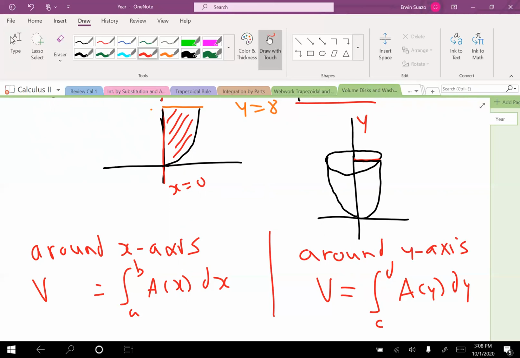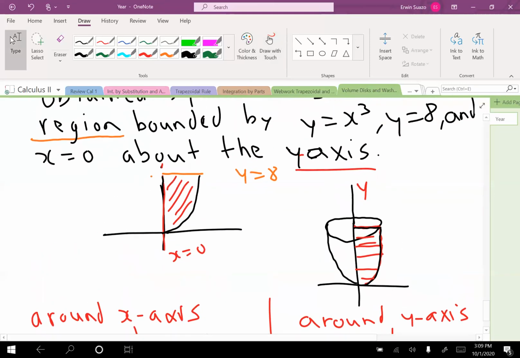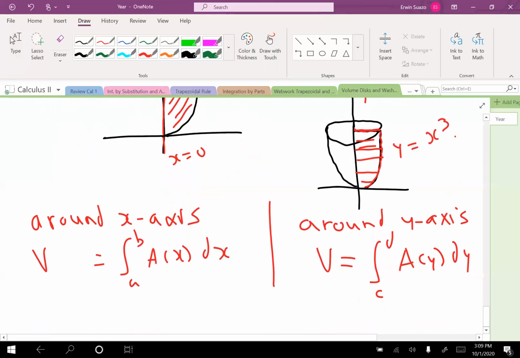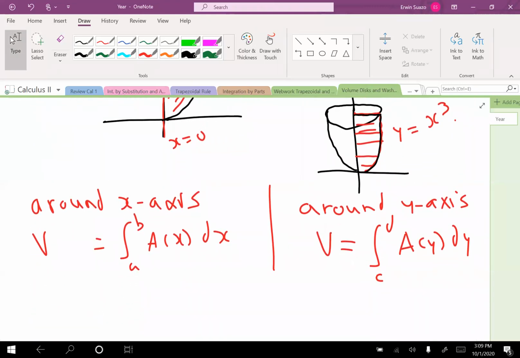Okay, so now we're going to use this function, which says y equals x cubed. But I need my formula in terms of y, right?